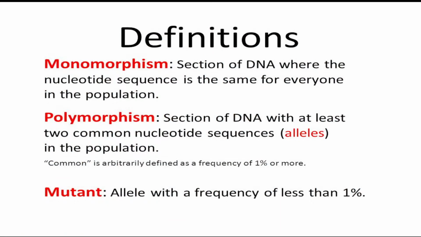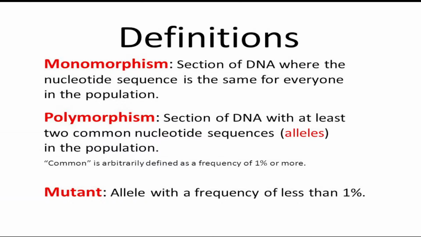So polymorphism. These are mutations in genes which provide the common nucleotide sequences in a population. The polymorphism we call the mutation, the frequency of which in the population is near 1%.